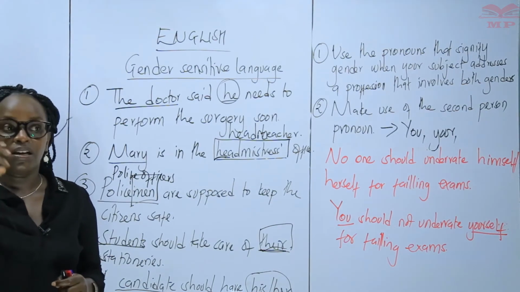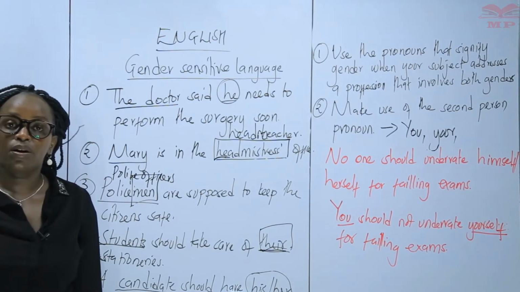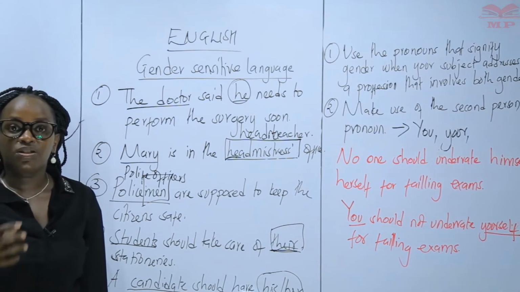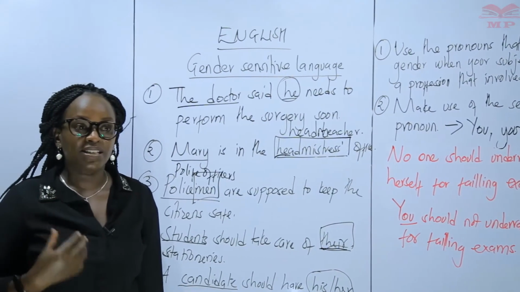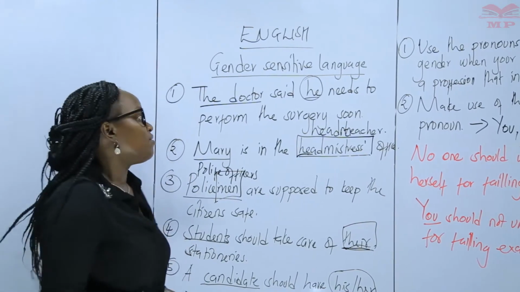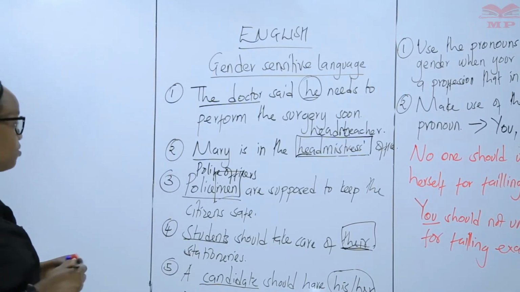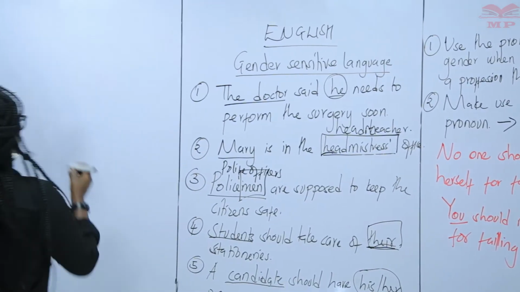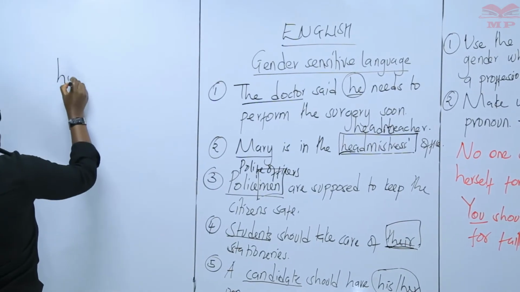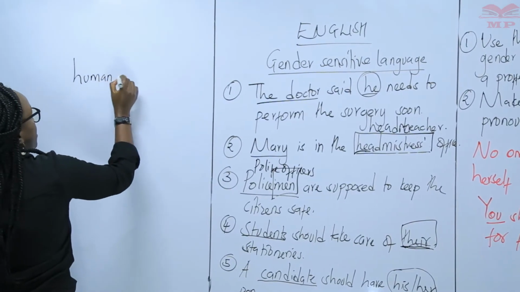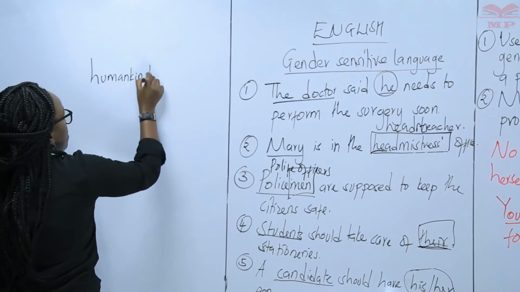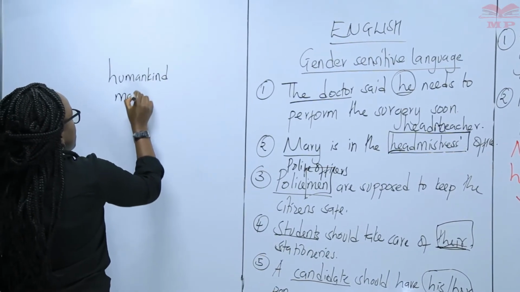Practice using this in your speech when you talk to people, and also use your dictionaries to look up more words that you can use that are gender friendly. For example, there's a word that we are always using, humankind, or we talk about mankind.